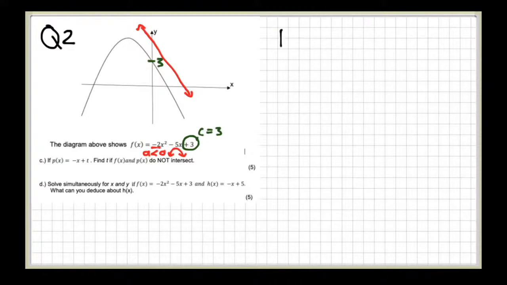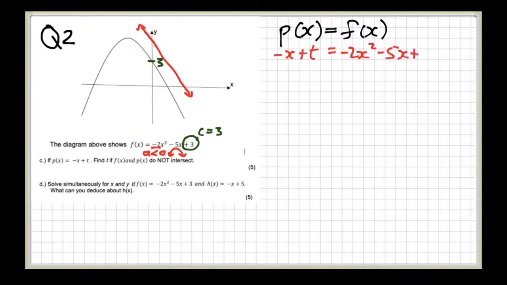Well, plain and simple, I take p(x) equal to f(x). That is for intersection between two graphs. So to do intersection between two graphs, I'm going to take p(x), which is negative x plus t, equal to f(x), which is negative 2x squared minus 5x plus 3.